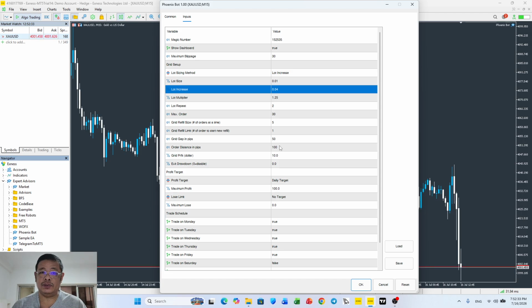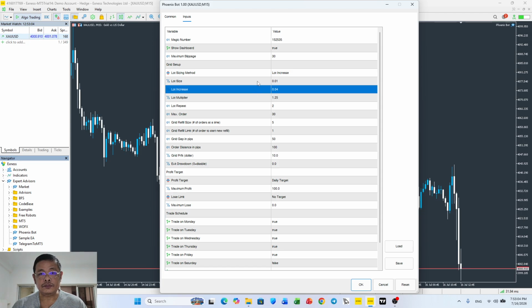So the larger the lot increase you put in, the faster you can close the profit. But at the same time, the larger the drawdown could be as well. So I suggest you do backtesting and find out what works well for you in terms of risk, drawdown and profit. This setting is very important.